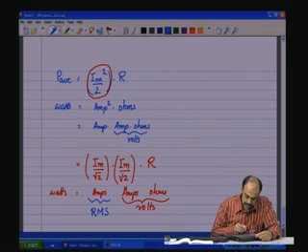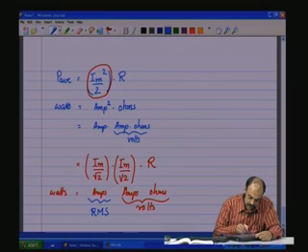Why do we call it the RMS current? So, this is the next topic that we need to take up.